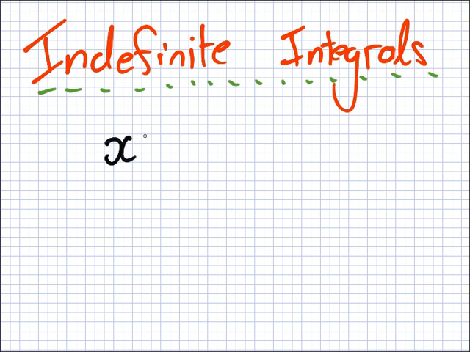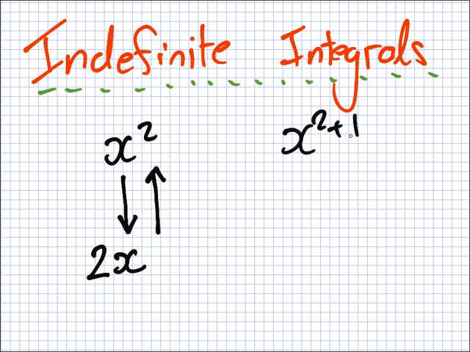Suppose I have x squared and I differentiate it, I get 2x. So the reverse process, we can call it an antiderivative, going backwards. Okay, but there's a small catch. Suppose I have x squared plus 1.